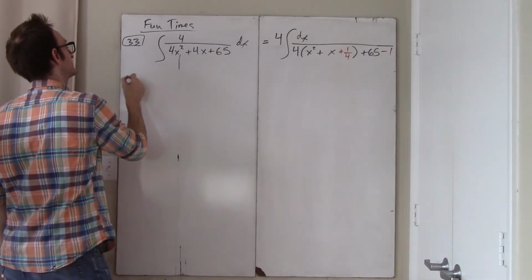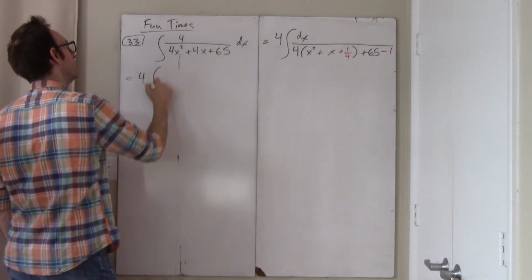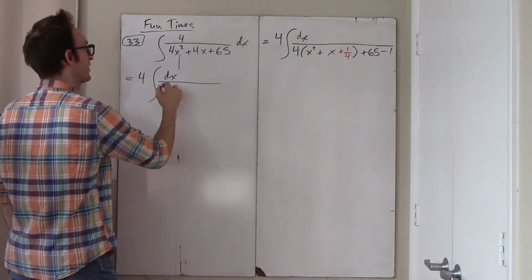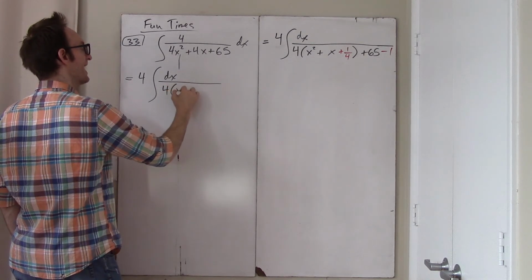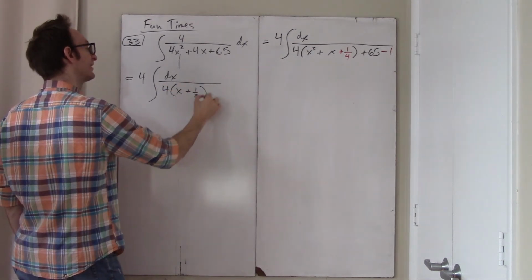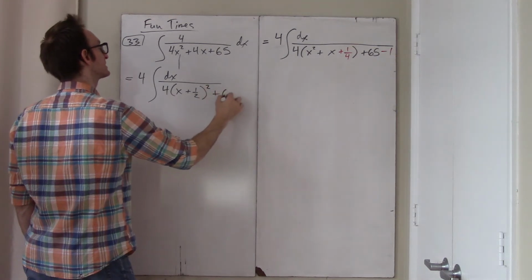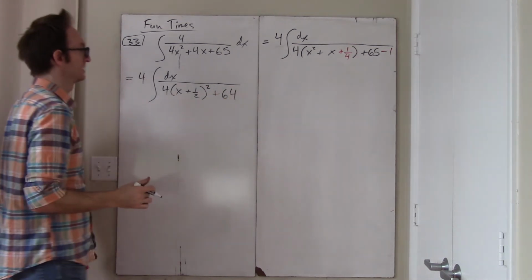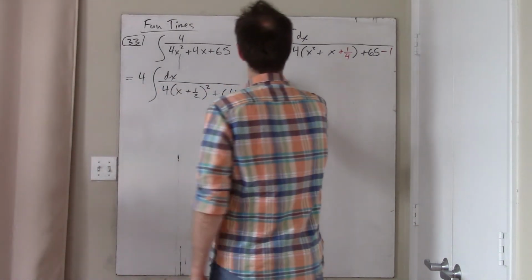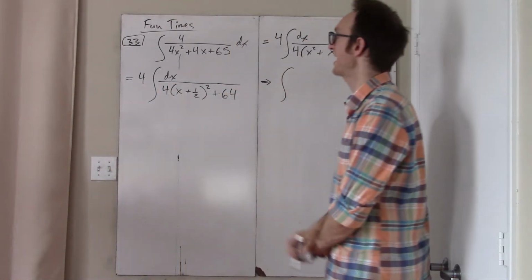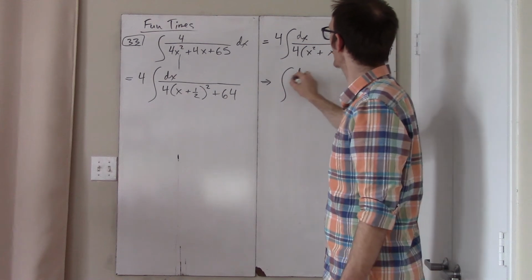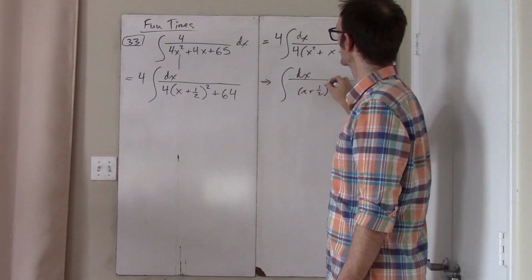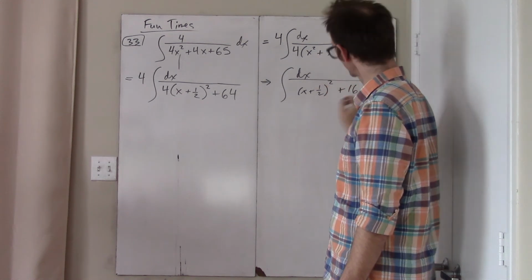So then this becomes 4 dx over 4 times x plus 1/2 squared plus 64. Now I can just divide by 4, and that's nice. So I get dx over x plus 1/2 squared plus 16.